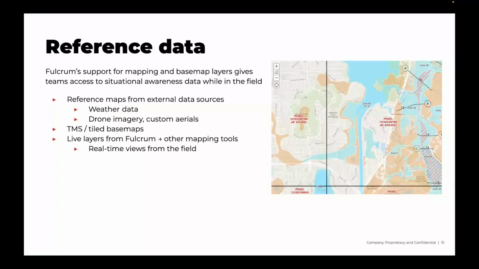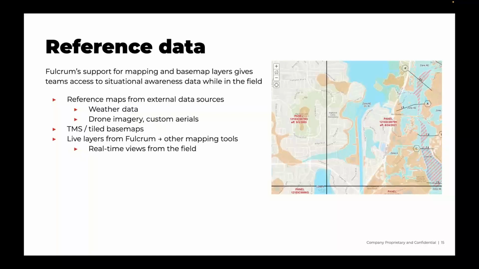So a little bit of detail on these examples. Fulcrum supports mapping and base map functionality. I mentioned this already, but we've got an example with weather data from a WMS source. Drone imagery, or any kind of imagery really that you can provide from a tiled base map resource or WMS, can be loaded into Fulcrum and used as a reference.